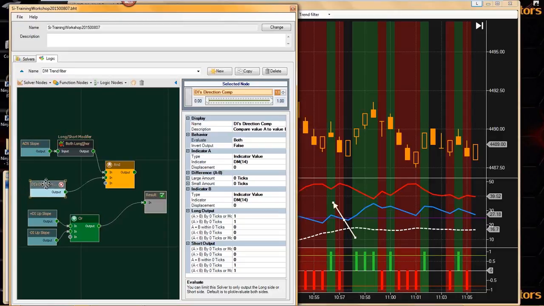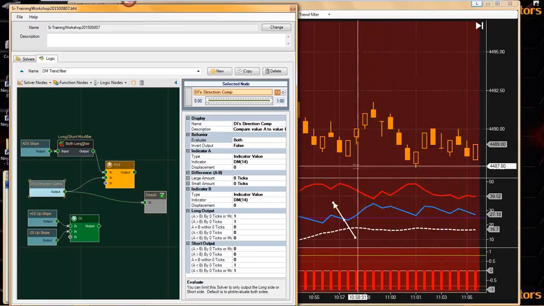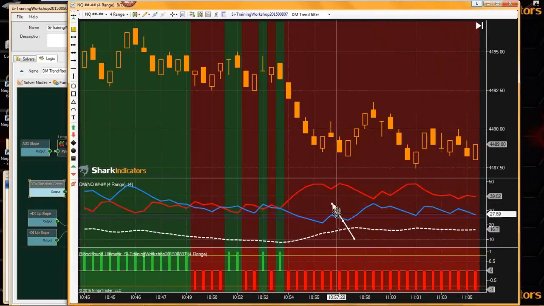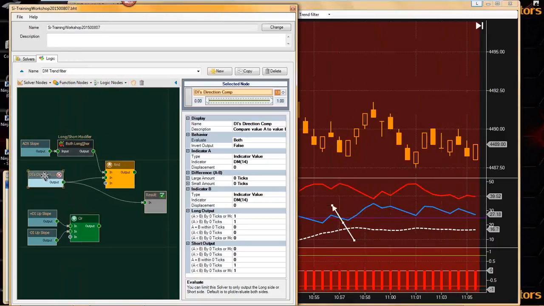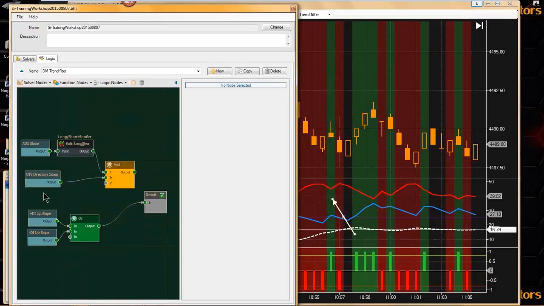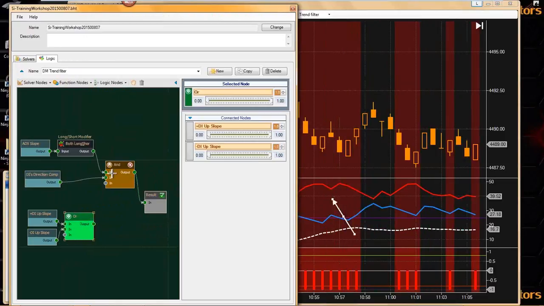So, like for example, remember this comparison solver here that's comparing the two DIs to each other. Right, so we can see here there was a long, but now there's a short, and so essentially this long and that previous short are going to cancel each other out once I connect this up to an AND node here.